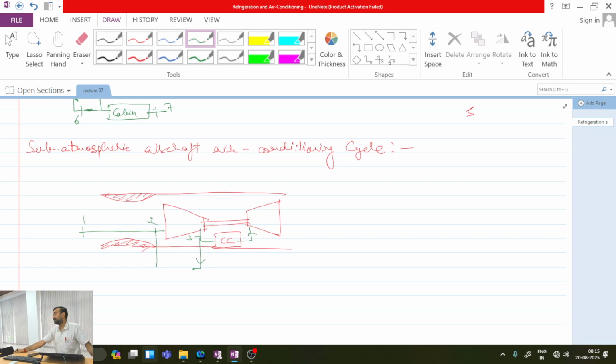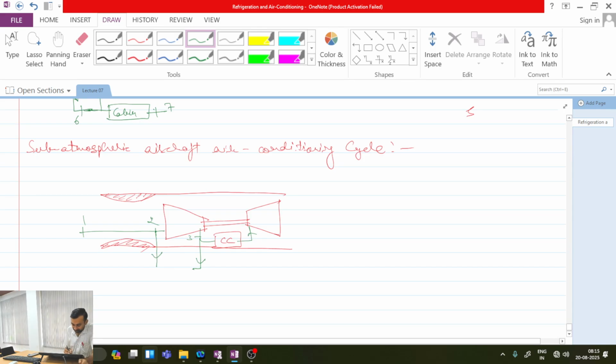Of course, the ram air pressure and temperature are slightly larger in comparison to the pressure and temperature of ambient conditions. Whenever we initially cool the working fluid after the compression, we cool it with the help of ram air. So basically the temperature of ram air T2 is a limiting condition which limits the actual cooling of gas in the heat exchanger.